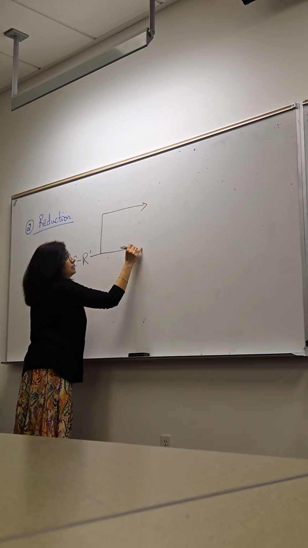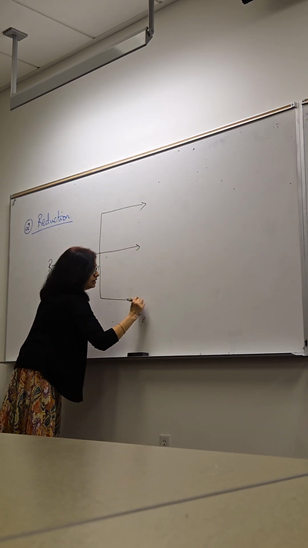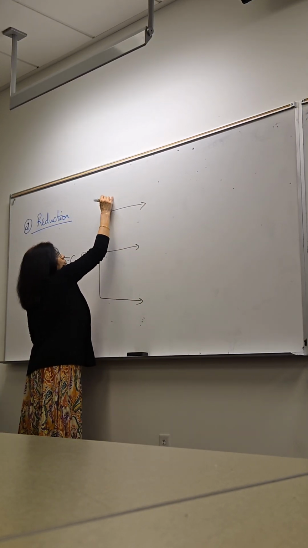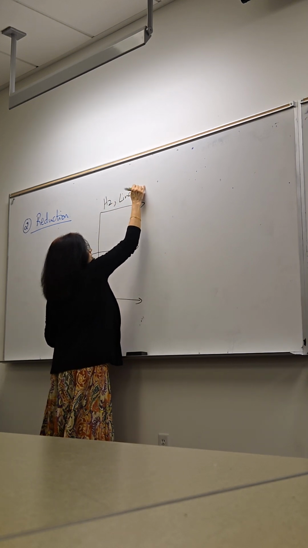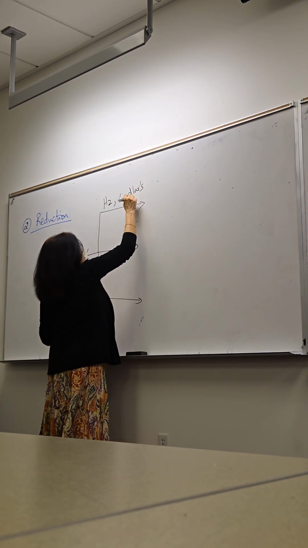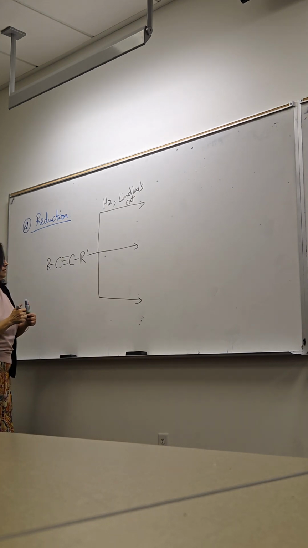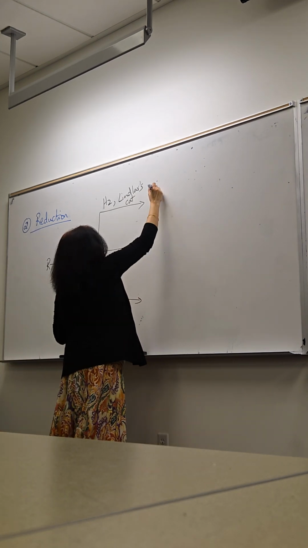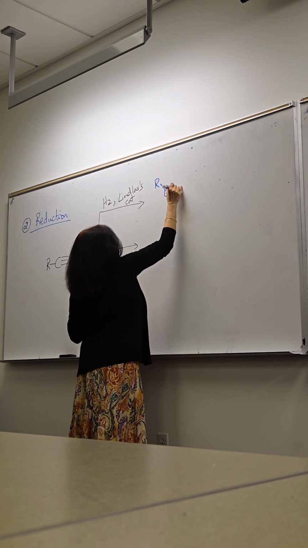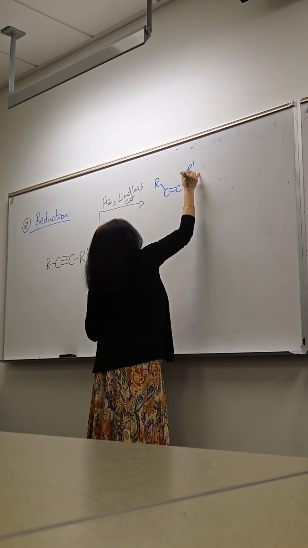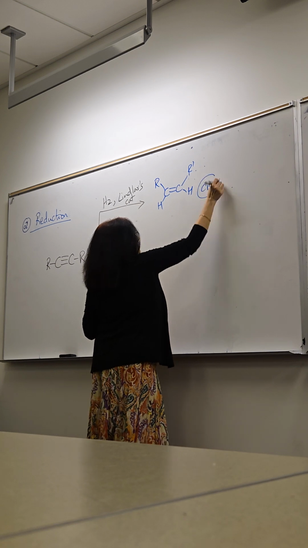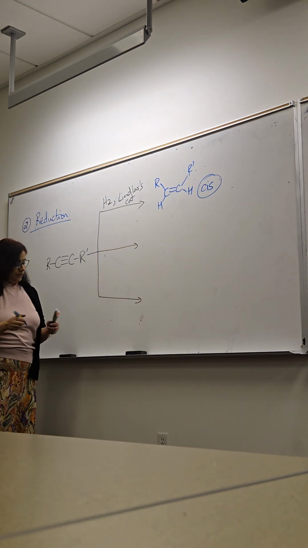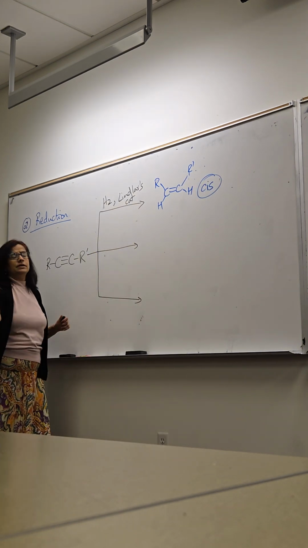Please tell me what is the outcome if it is reduced with hydrogen and Lindlar's catalyst? Cis alkene. Cis alkene, exactly. Produces cis alkene, as we saw in the last chapter.